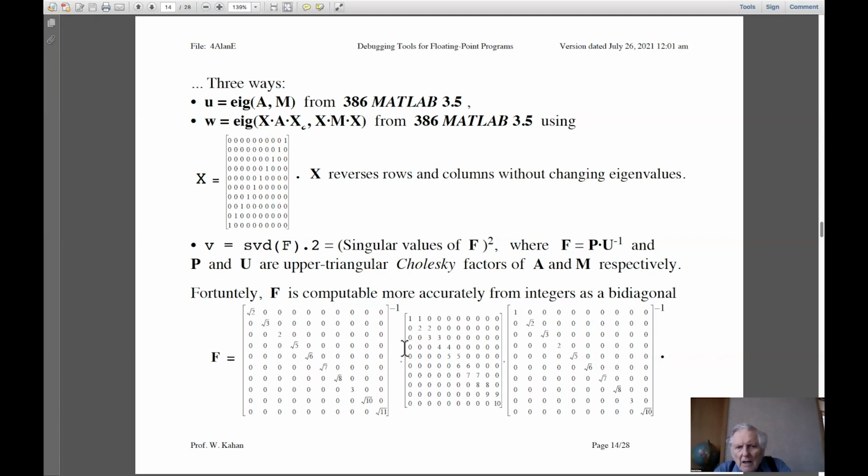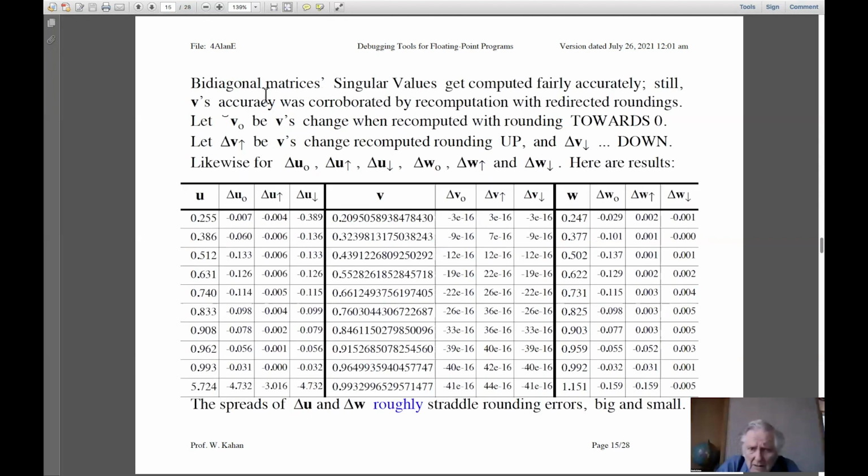And then after computing singular values, which can be done quite accurately, we square them and compare them with what we got from the more conventional ways. It turns out that V, the singular values squared, they're pretty accurate. And that's corroborated by the fact that if you change the direction of rounding and repeat, just use a different rounding direction, it changes things by something like 10 to the minus 16.